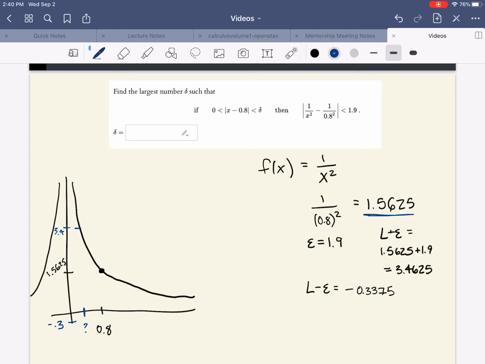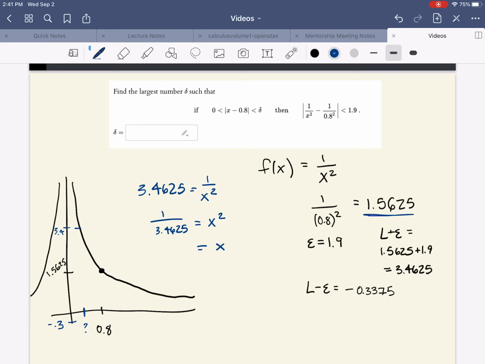Okay, so to solve that problem, we can think about what happens when I take 3.4625 and I set it equal to this 1 over x squared. Sort of what value do I get for x? So what I'll do is I will invert both sides, right? Think about taking 1 over both sides and then taking the square root of both sides.